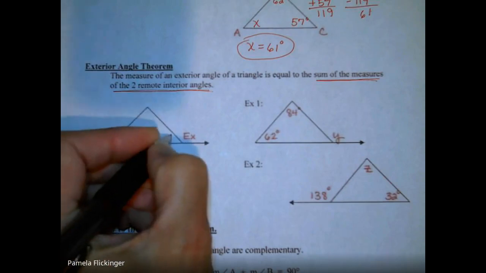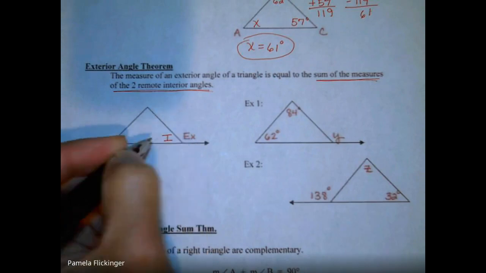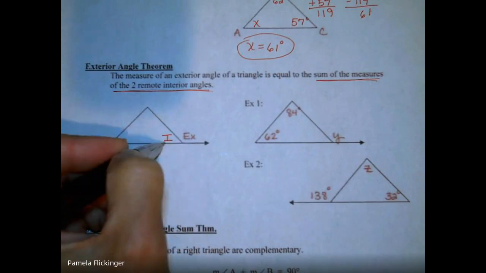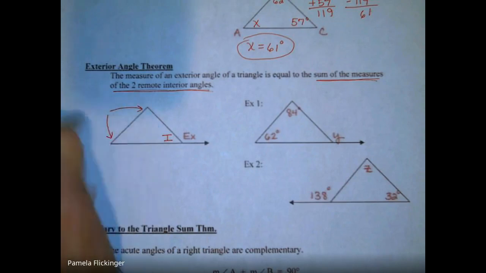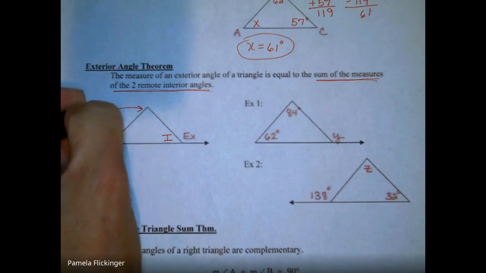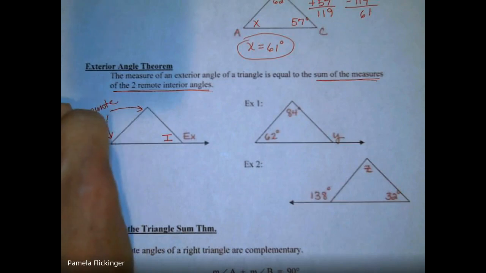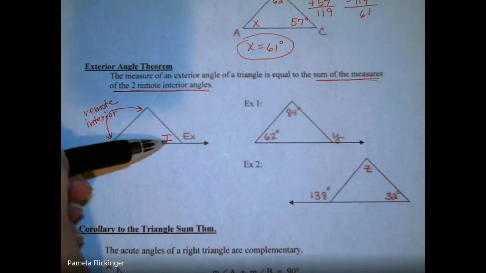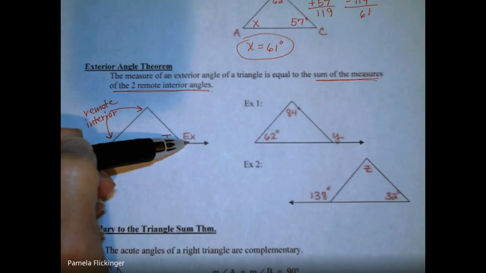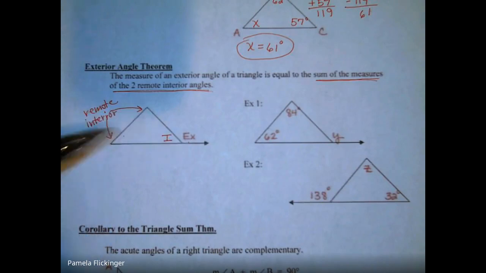We know it makes a linear pair with one of the interior angles. The other two are the remote interiors. If you think about the word remote, like a remote control on a television, it's away from the TV. So one of the interiors is a linear pair with your exterior. The other two are remote interiors.